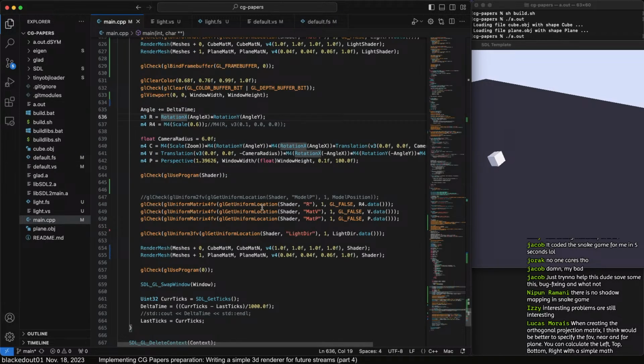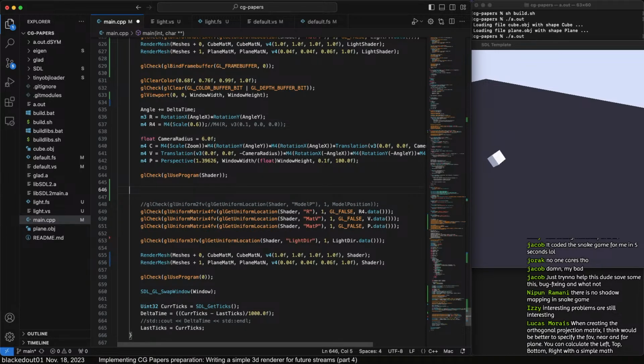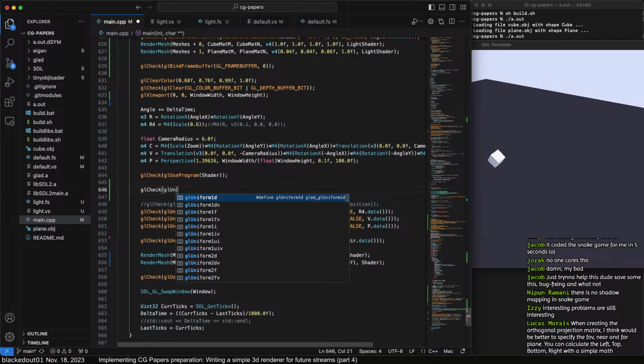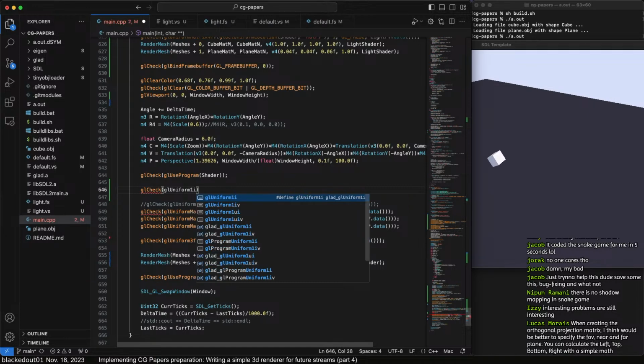So again, we can use GL check, GL uniform 1i, I think.